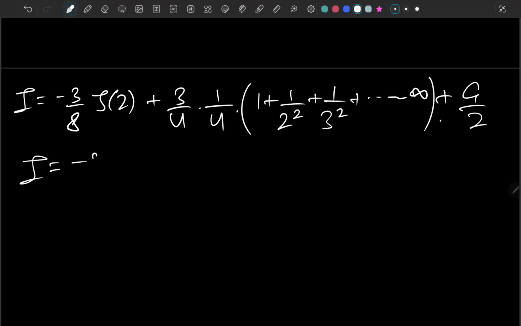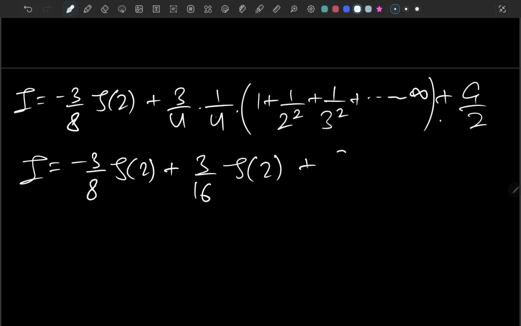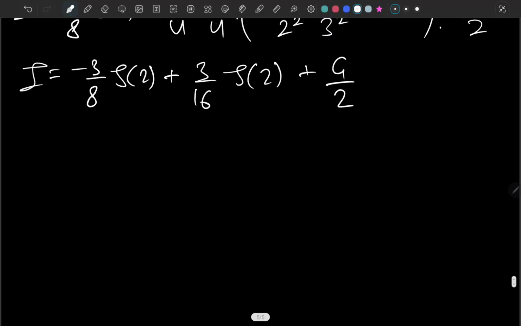Okay, so now we are having 3 over 8 Riemann Zeta of 2, and this is 3 over 4 times 4 is 16, and again it's a Riemann Zeta of 2 plus g over 8. Now we can just multiply this with 2 and divide this with 2. So basically we can write this as 6 over 16.